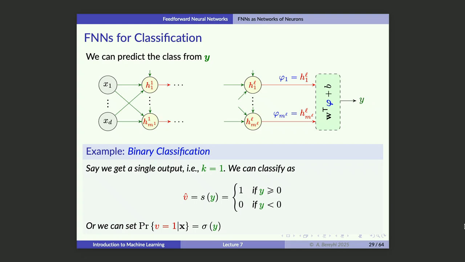I multiply every single one with some weight, add up a bias, and compute something like y. Y is a real scalar, and then I look at the sign of it. If it is positive, I label it as 1. If it is negative, I label it as 0.